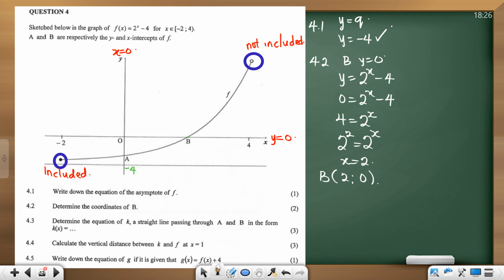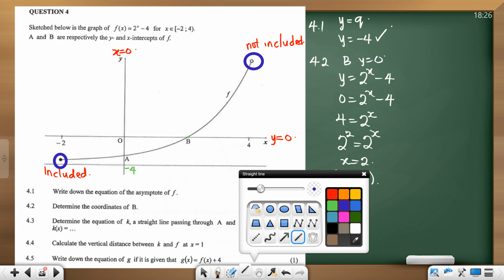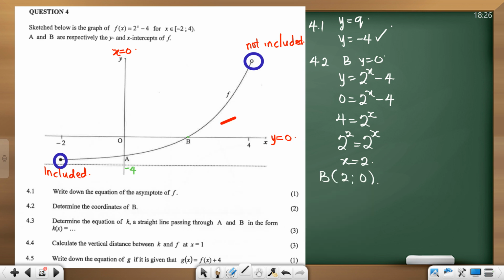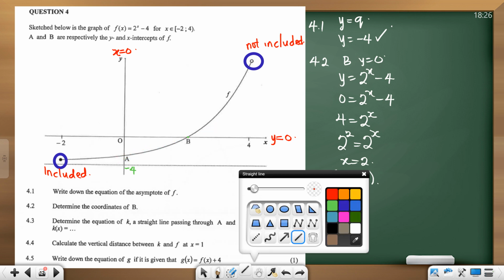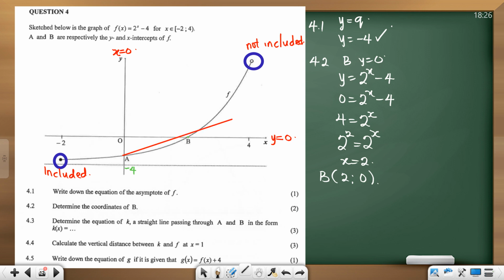Point 3. Determine the equation of K, a straight line passing through A and B. Examine the line. Check here, a straight line passing through A and B. Let me make it thinner. What is the equation of this line?